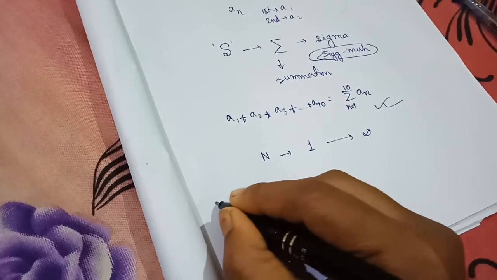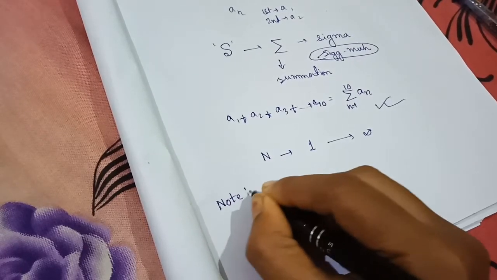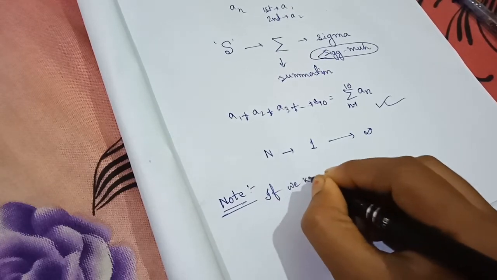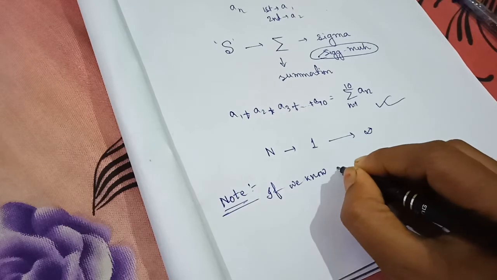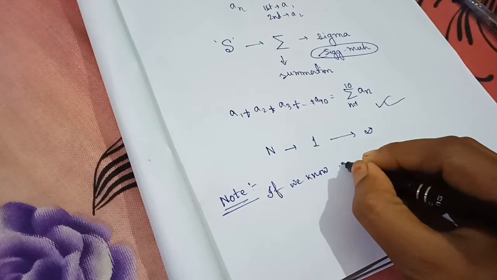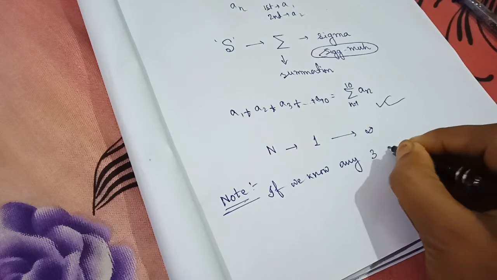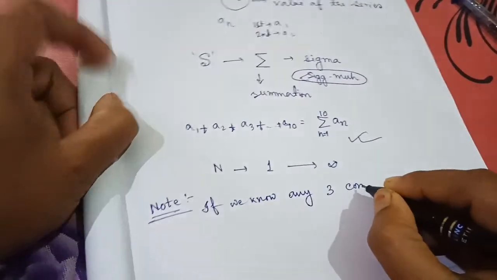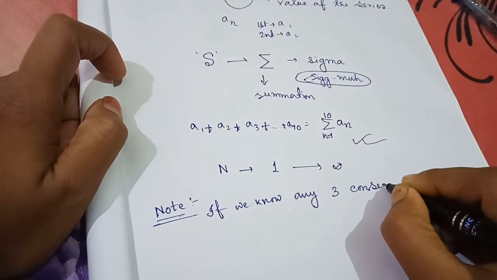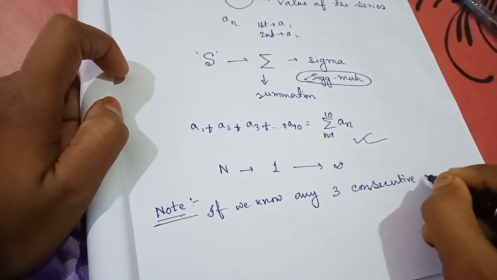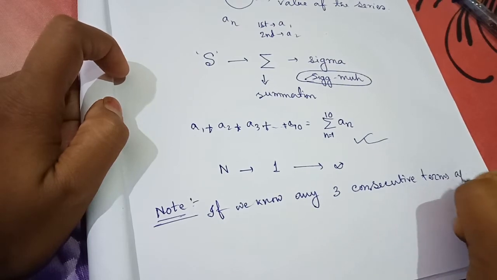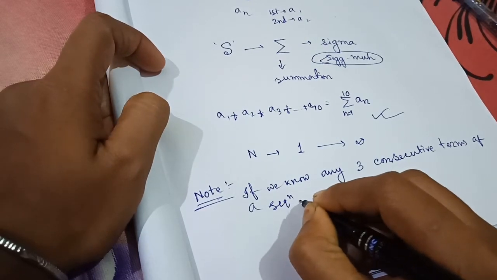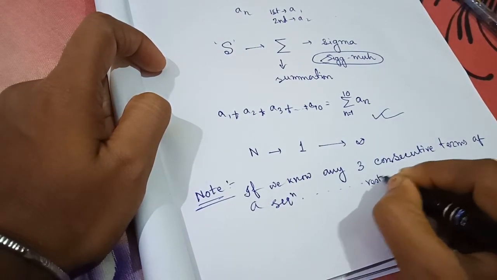Now you can write a note on it: if I know any three consecutive terms of a sequence, then we can find the rest of the sequence.